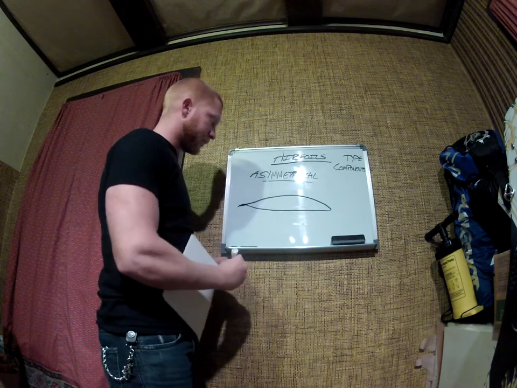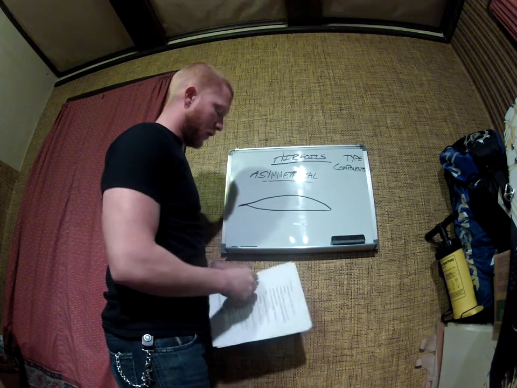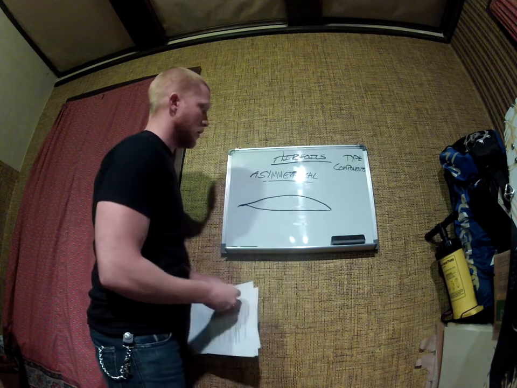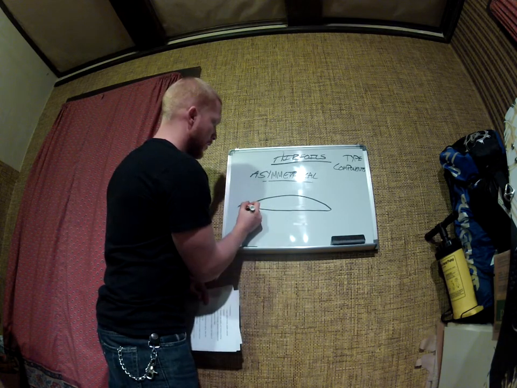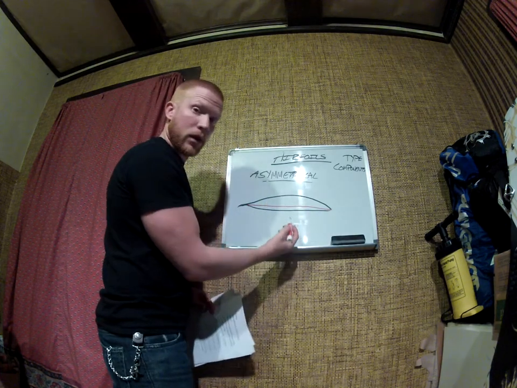Okay. So with an asymmetric airfoil, as you can see, the upper camber and the lower camber have unequal distances.